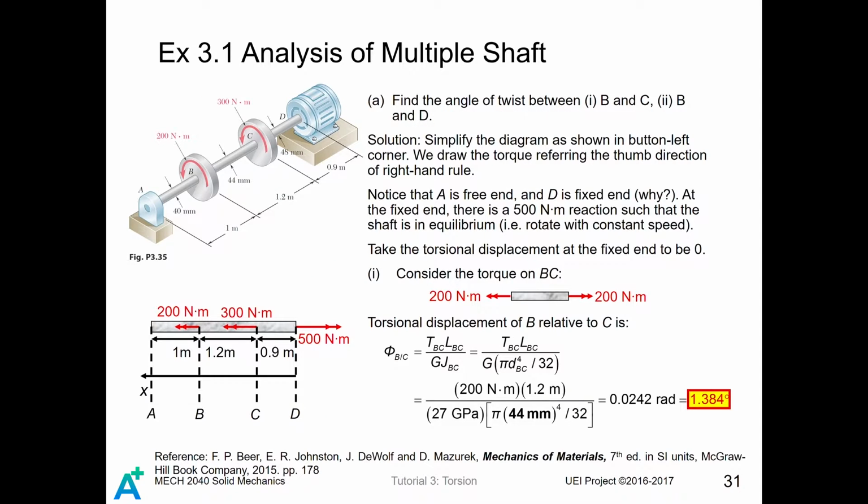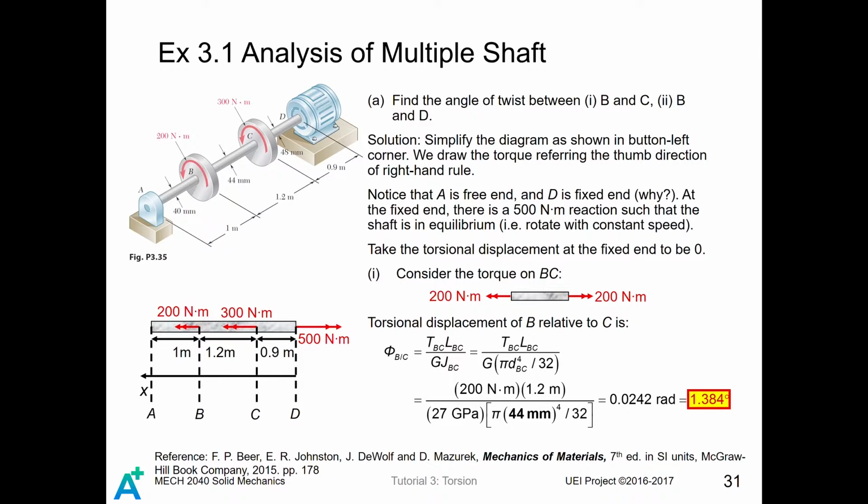For the first problem, we sketch this circular shaft by a simplified schema using the right-hand rule, because previously we mentioned that by using the right-hand rule, you can clearly know whether the torque is positive or negative. Firstly, we draw those two known torques on this shaft, from A to D, like this.